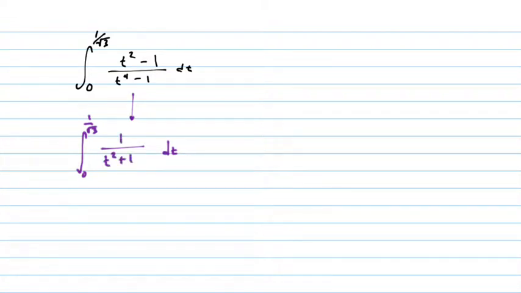So where we get into trouble with these is we factor the top as well, or we start there. What you want to see is that on the bottom, t to the fourth minus 1 is also a difference of squares. It's the square of t squared and, of course, the square of 1. So that factors into t squared minus 1 and t squared plus 1.